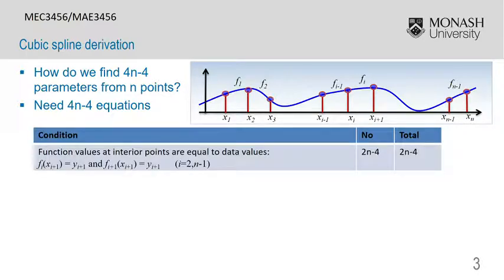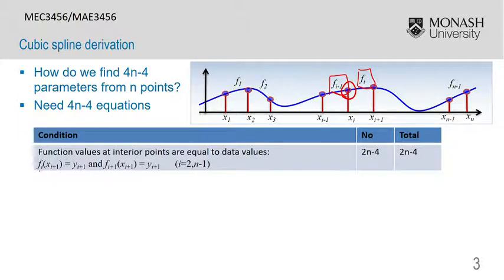First of all, we need that the function values at the interior points are equal to the data values. And remember, at any given point, point xi, we have two splines that match up there: the one on the left-hand side, which in this case is fi minus 1, and the spline on the right-hand side, fi. So the function value from the left-hand side function has got to be equal to the function value from the right-hand side function, and both of them have got to be equal to the data value.